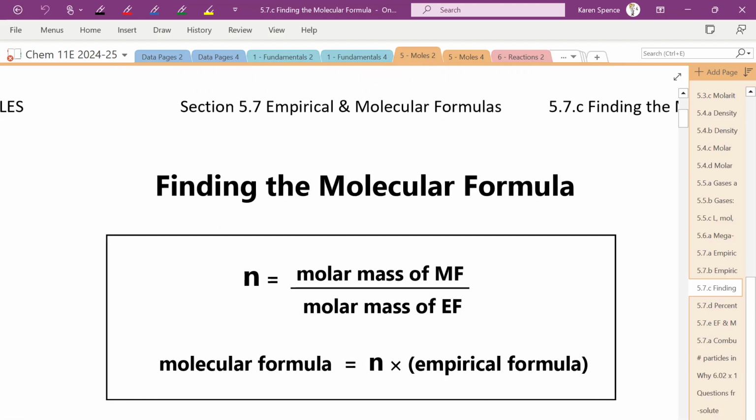Now we're going to start abbreviating things because to write molecular formula is way too long for me. So I'm going to start calling the molecular formula the MF. And what do you think we're going to call the empirical formula? The EF.